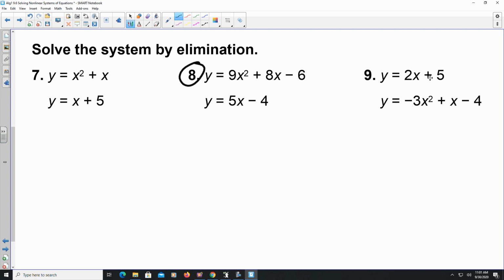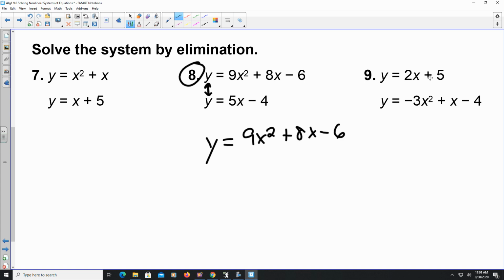Here I only just have the 1, which is y, which can happen. So on the top, I'm going to have y equals 9x squared plus 8x minus 6.